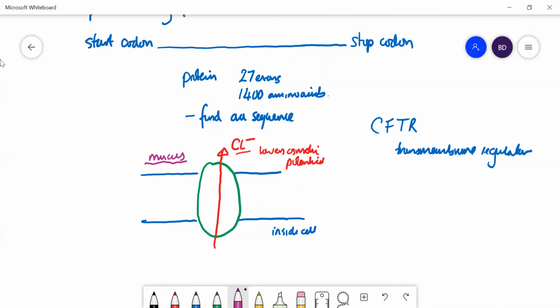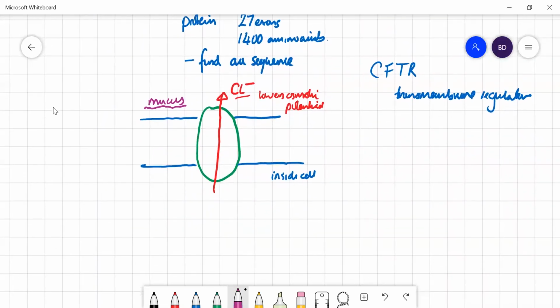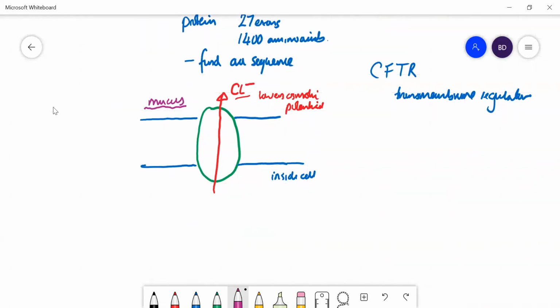So there we've got our cystic fibrosis protein. That's the normal protein. Well, what has gone wrong in cystic fibrosis? Well, in most cases, I think it's about 30% of cases, what happens is there is a deletion. It's called the delta 508 mutation, because the amino acid at position 508 has been deleted.